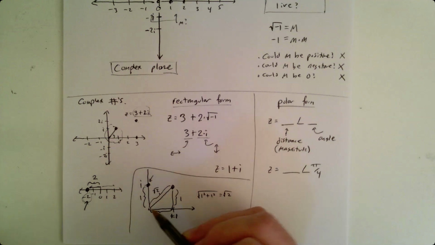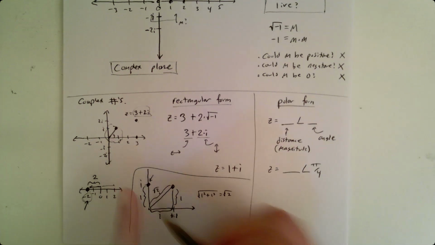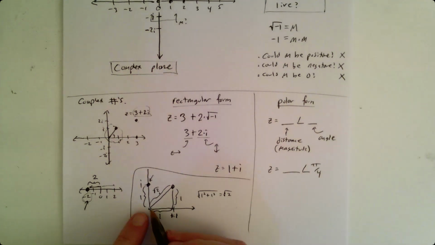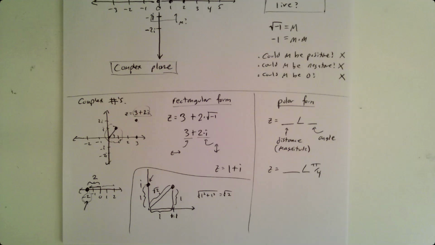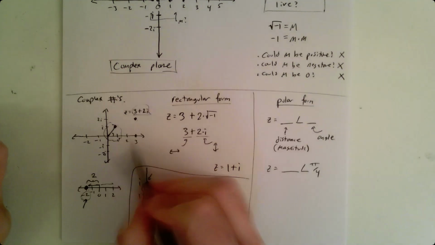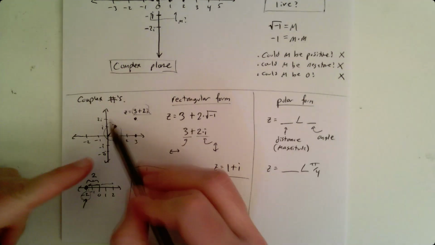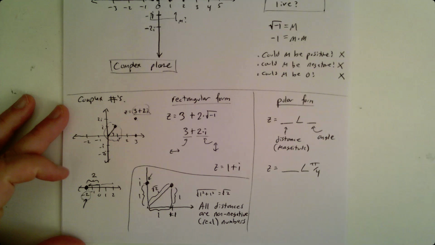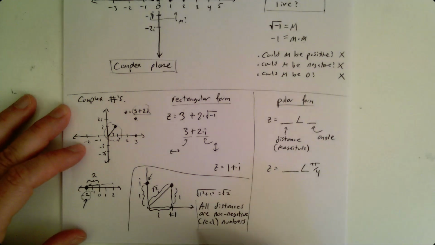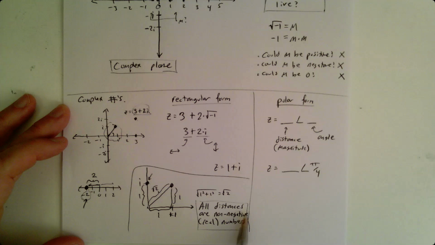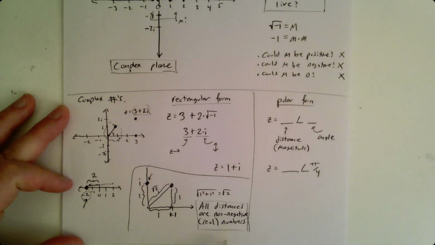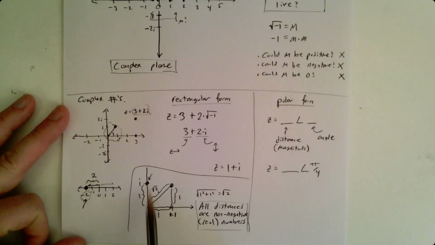It's just a distance of 1 in the i direction. Just like if I go to the right, that's a distance of 1 in the positive direction. So again, on the complex plane, all distances are still positive. They can just happen in different directions. Okay, if you're into writing stuff down for notes, you could take a little note that says all distances are non-negative real numbers, even when they are in the imaginary direction.